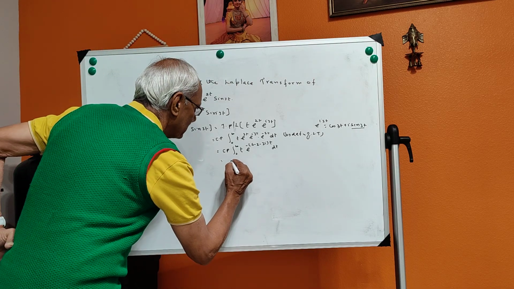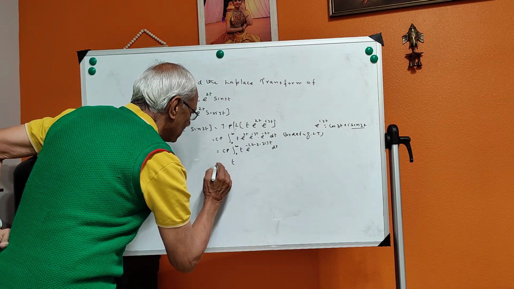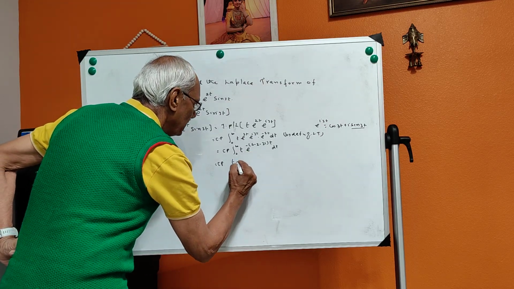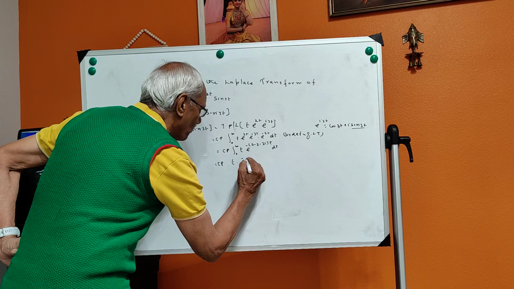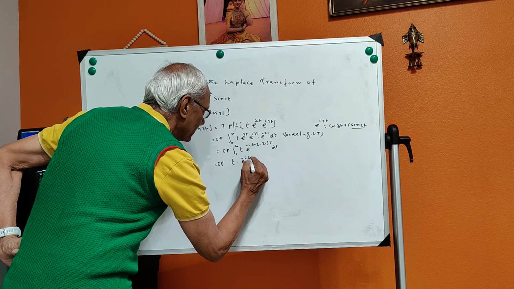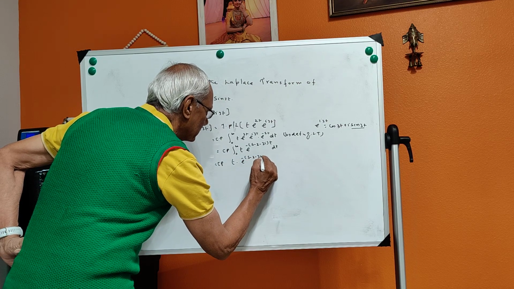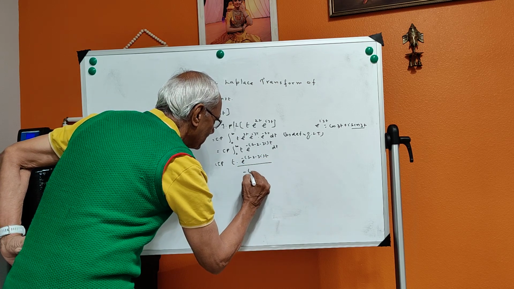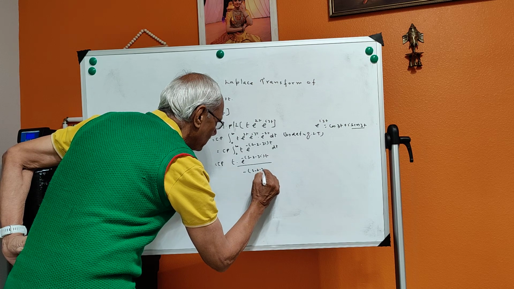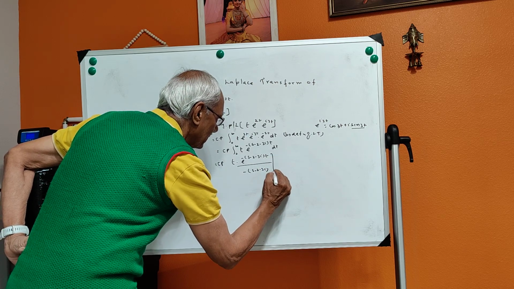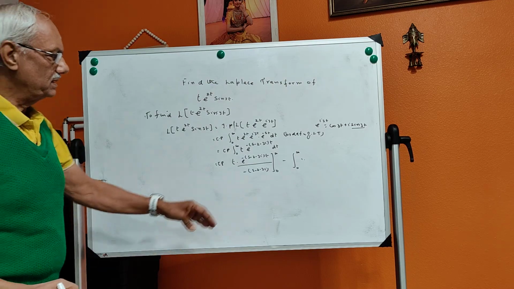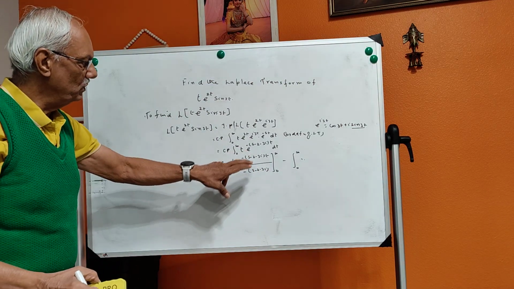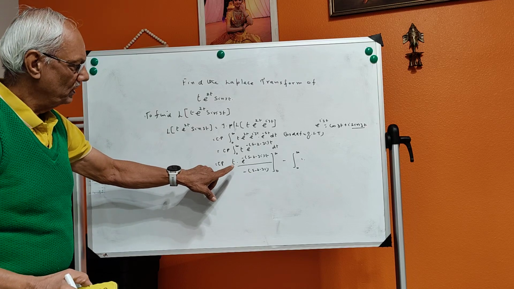So this can be written as the imaginary part of t into e to the power of minus s minus 2 minus 3i of t divided by minus of s minus 2 minus 3i, from 0 to infinity. I will use Bernoulli's method of integration.